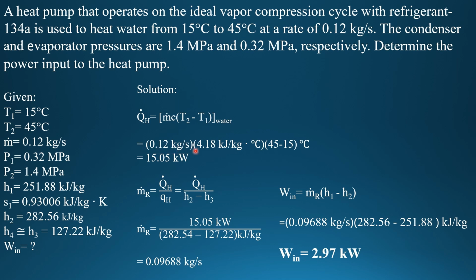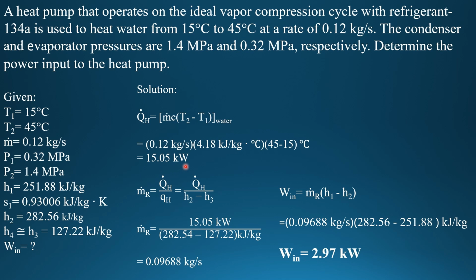So we plug in our values. We have 0.12 kilogram per second times 4.18 kilojoules per kilogram degrees Celsius times 45 minus 15 degrees Celsius.